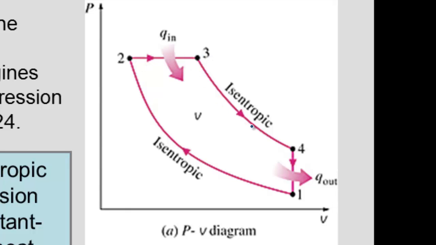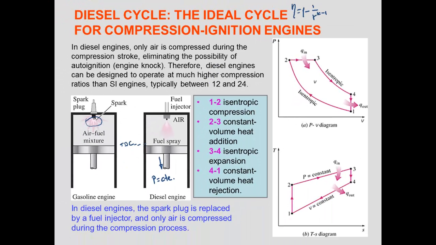Then we have a second isentropic process, which is the isentropic expansion, and then we have the constant volume heat rejection, which will model the exhaust of the combustion gases. So we don't have a spark, we have the injector, and as we mentioned, we have this injection occur when the piston is at the top dead center.